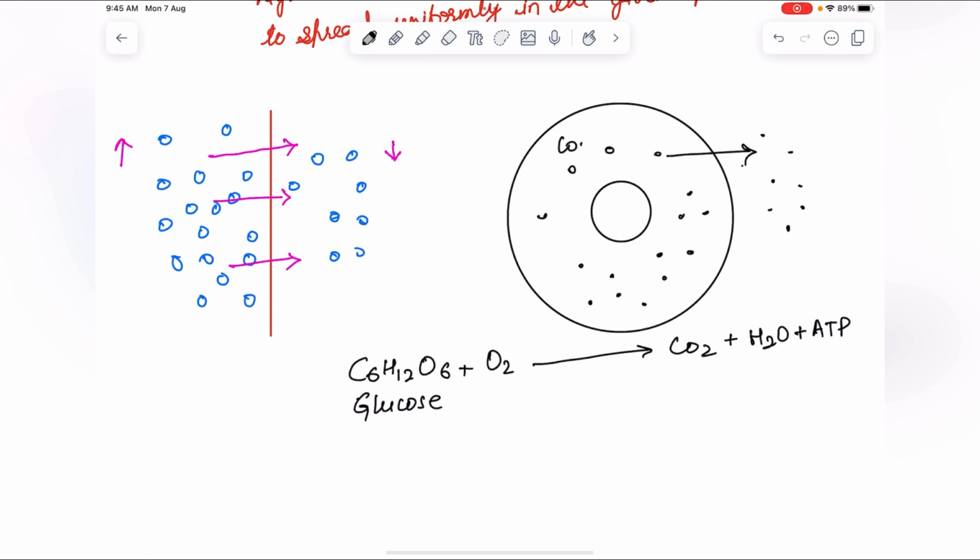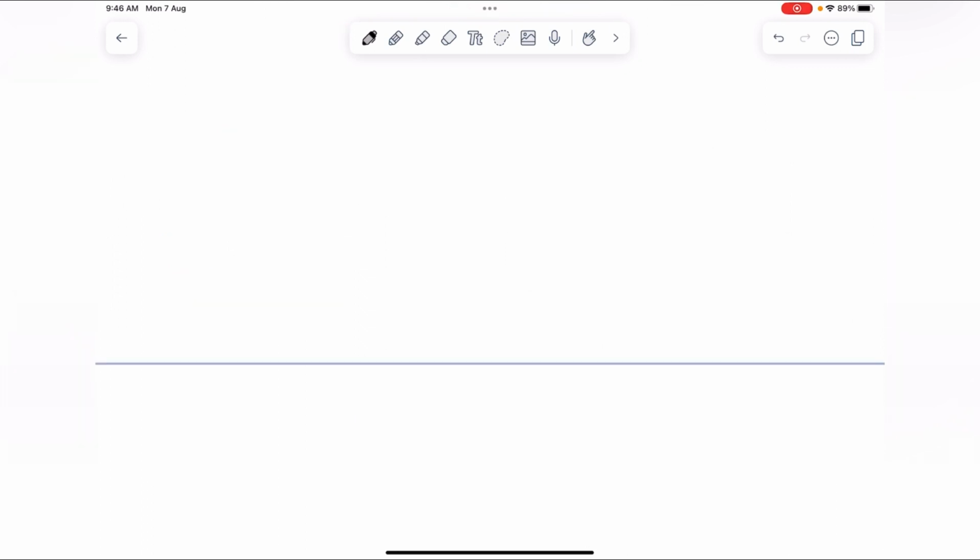After the process of oxidation, carbon dioxide will be more inside the cell and less outside the cell, so it will move outward, and the concentration of oxygen will be more outside and less inside the cell, so it will move inside. This process is called diffusion. Now next we'll see osmosis.